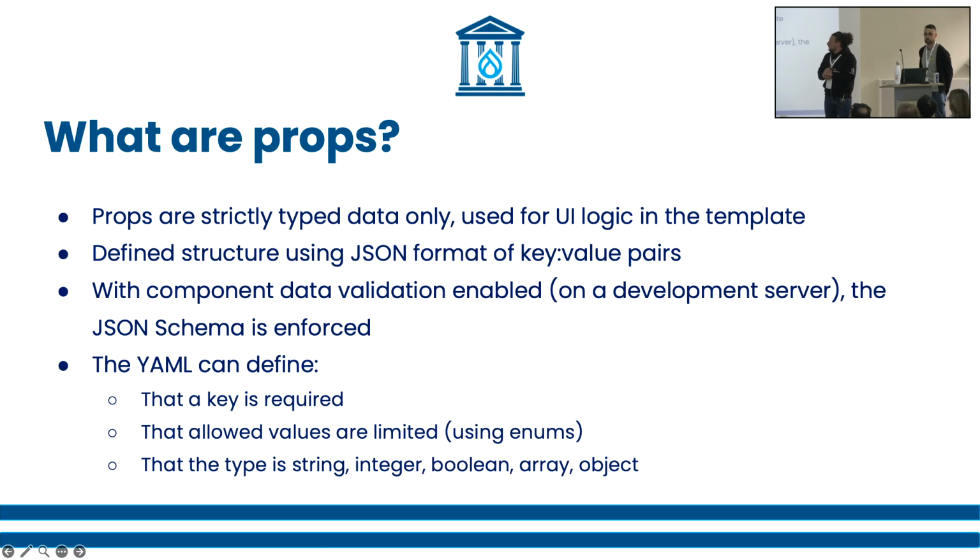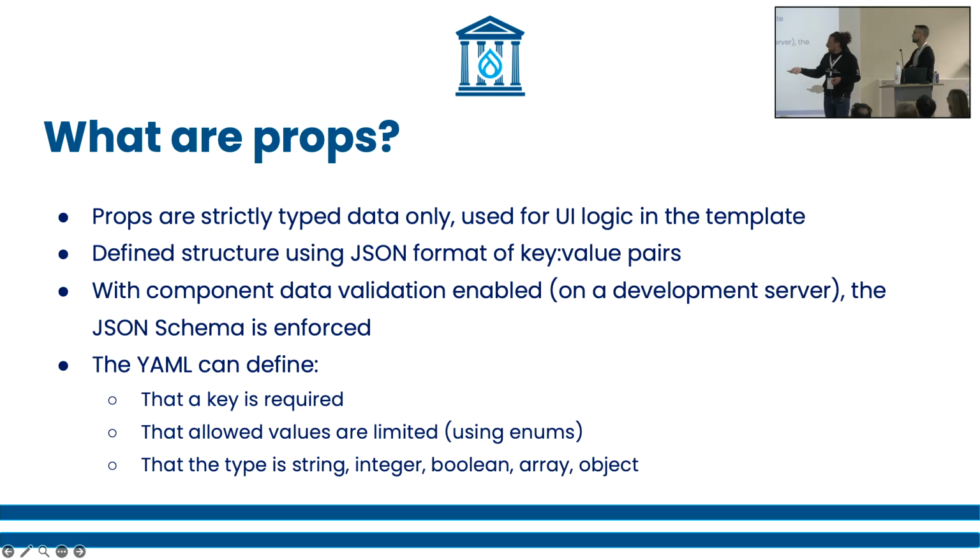The props are actually data that we're passing inside the component, so variables that we are giving to the component. And we need to define them in the schema. From the schema, the system will validate the type that we're passing, and it will throw an error if the types are not the same.